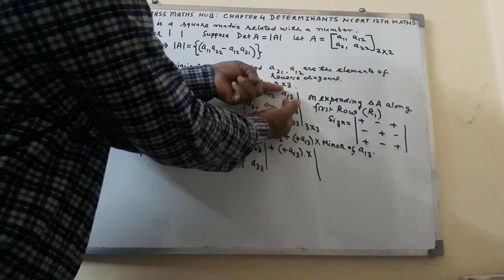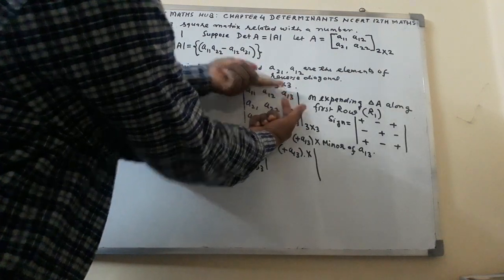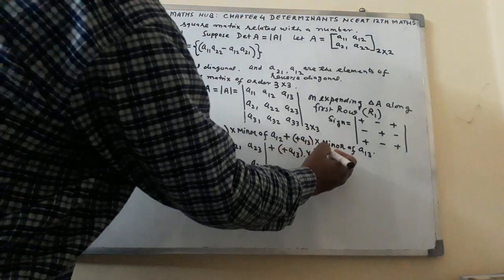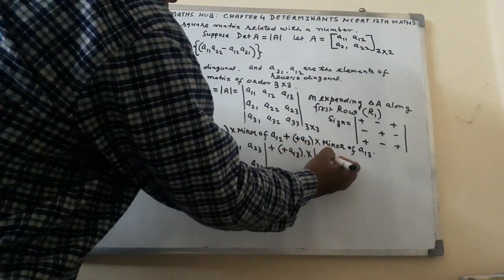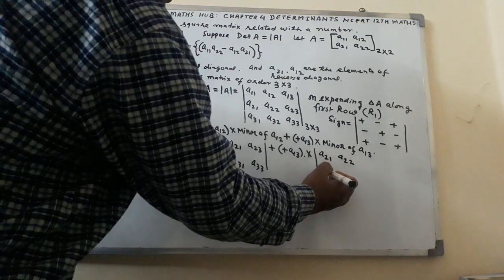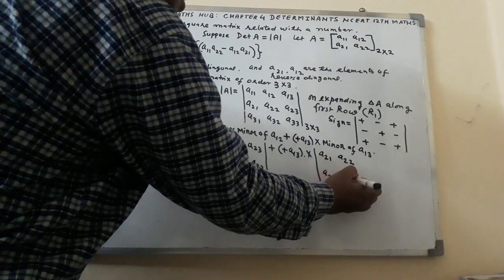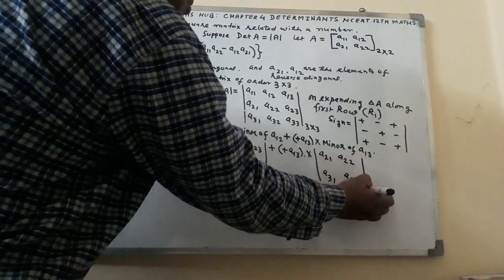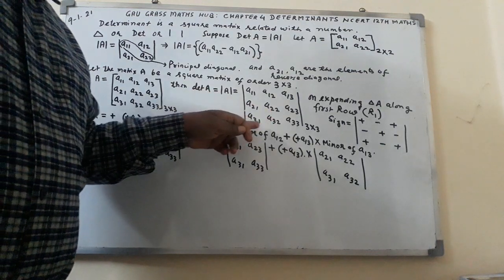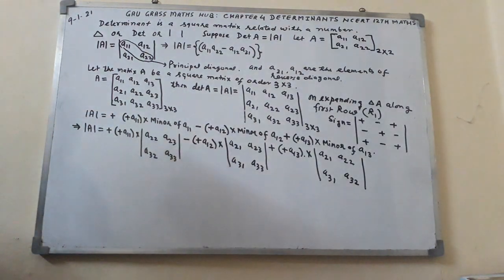Like this, we'll get the minor of A13 as A21, A22, A31, A32. Now calculate this one.